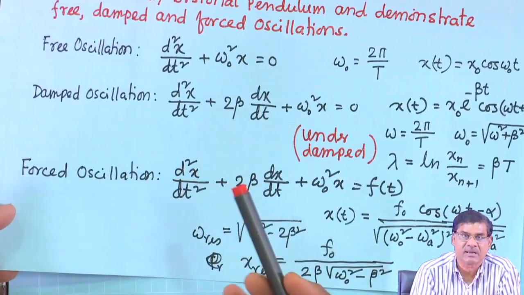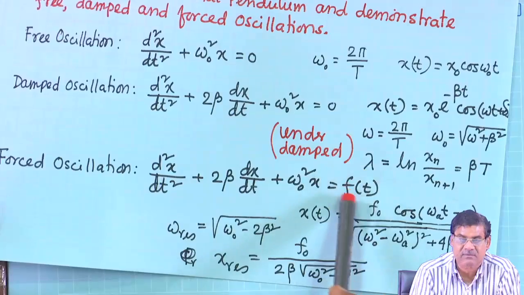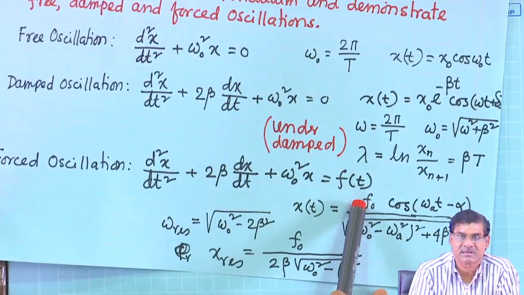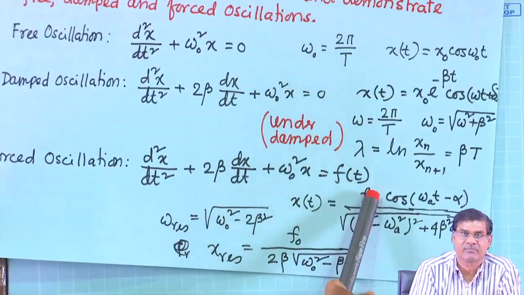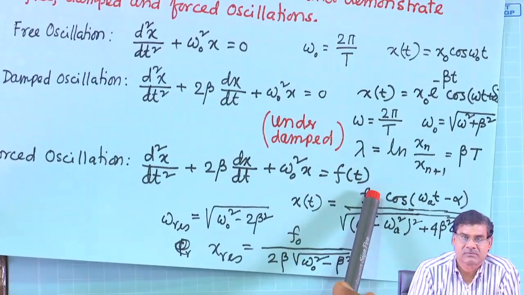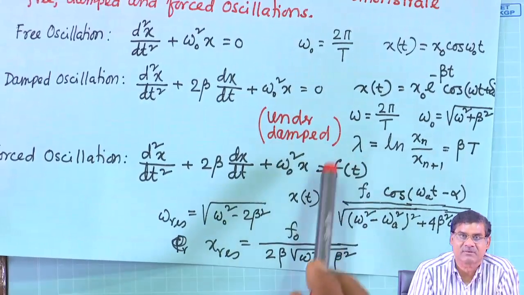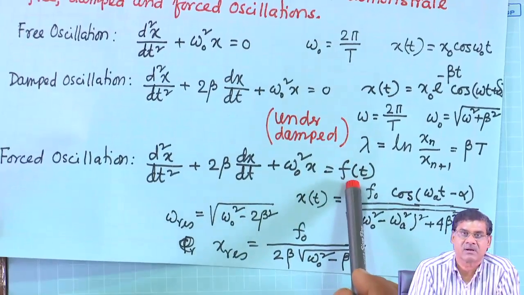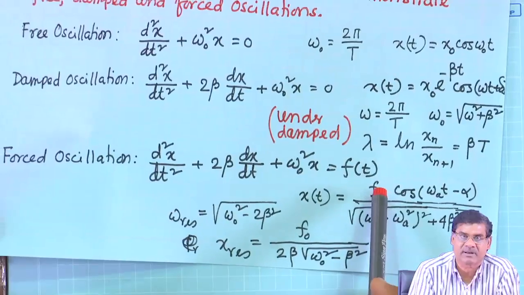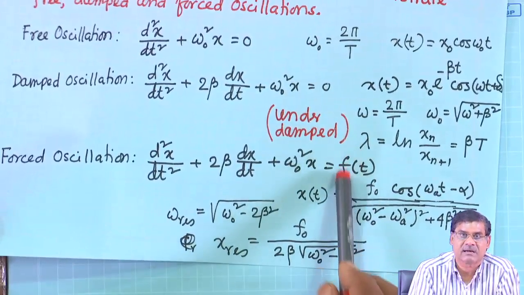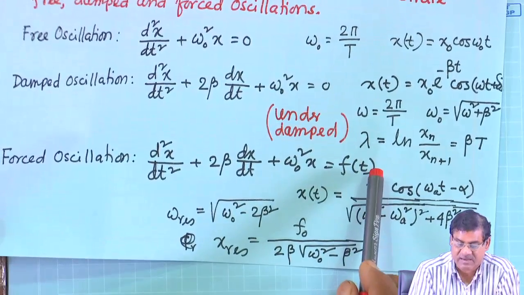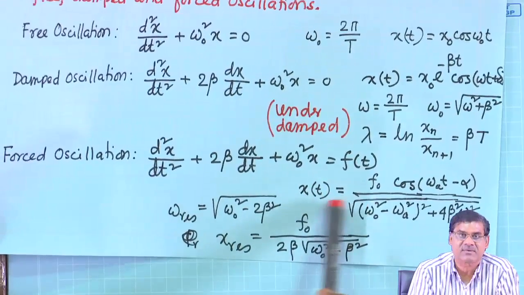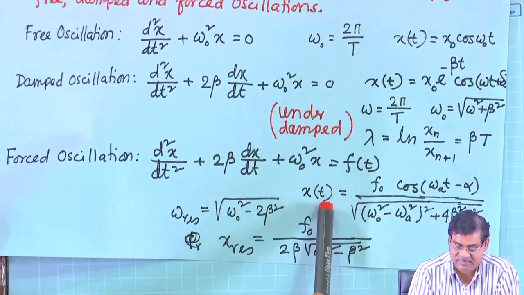Under damping condition, this is not 0 now. Externally some periodic force is applied, so this is capital F of t, the original force. Divide by m, so we get the force per unit mass, that is small f as a function of t.